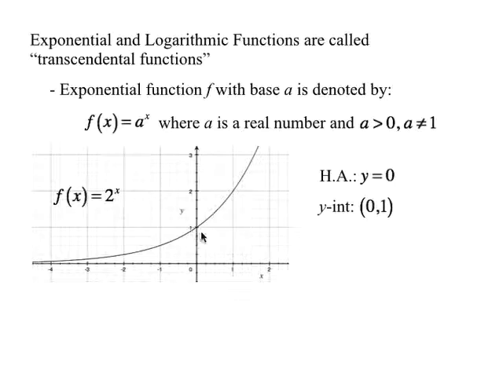And the other thing is to notice that it has one intercept here on the y-axis. So here at (0, 1) is the y-intercept. And so it has this upward curving shape. For the calculus students, you will see that this is a continually increasing function. This is an increasing function on its entire domain.